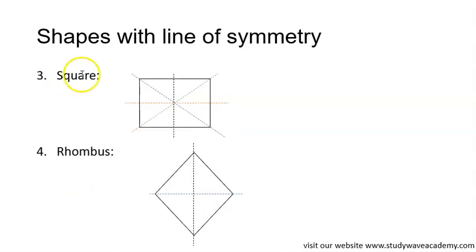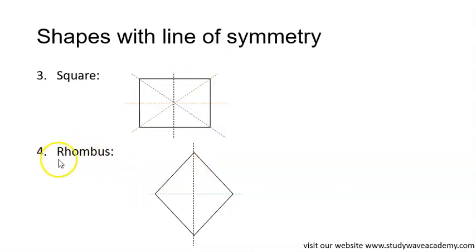Then we have a square. A square has 4 sides, and let's see how many symmetry lines it has. 1, 2, 3, 4. It has 4 symmetry lines. Then next we have, what shape is this called?